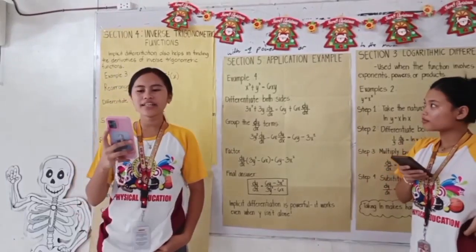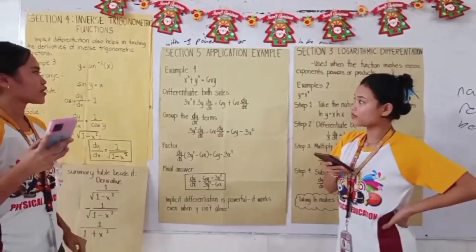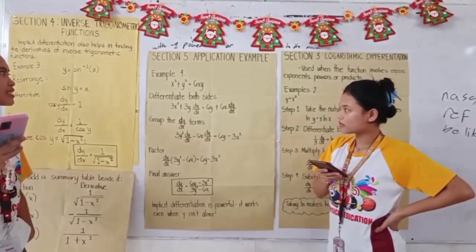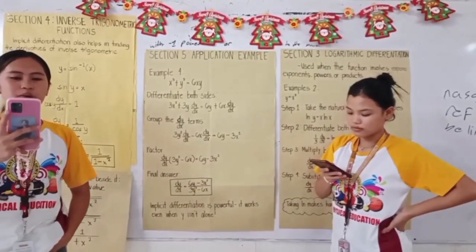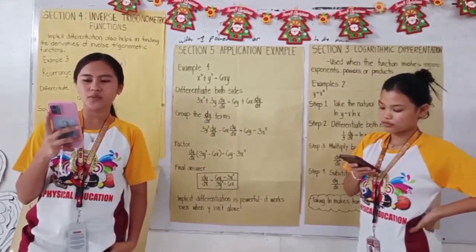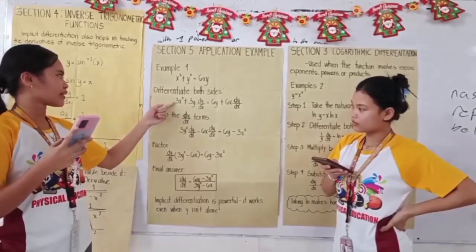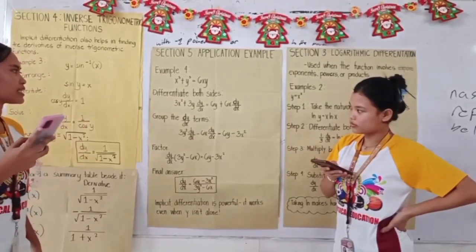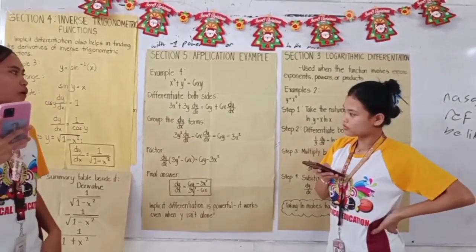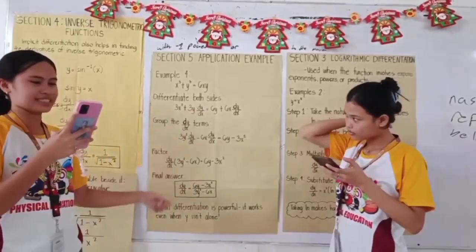Let's try one last example together. So here, example 4, which is given x cubed plus y cubed equals 6xy. So given x cubed plus y cubed equals 6xy, we have to differentiate both sides. So we have here now 3x squared plus 3y squared dy over dx is equal to 6y plus 6x dy over dx.